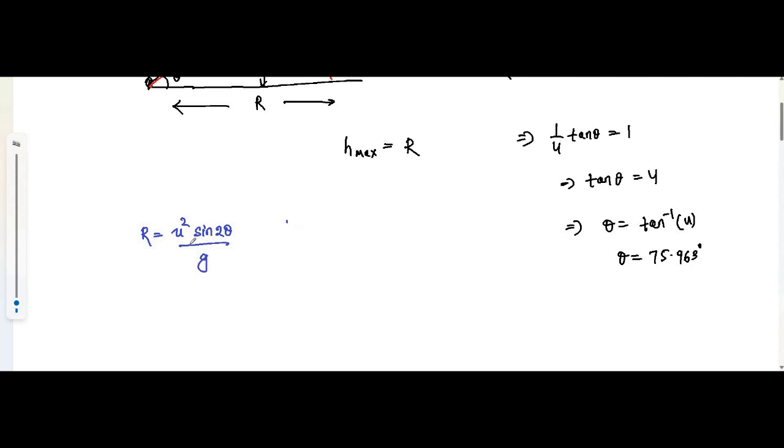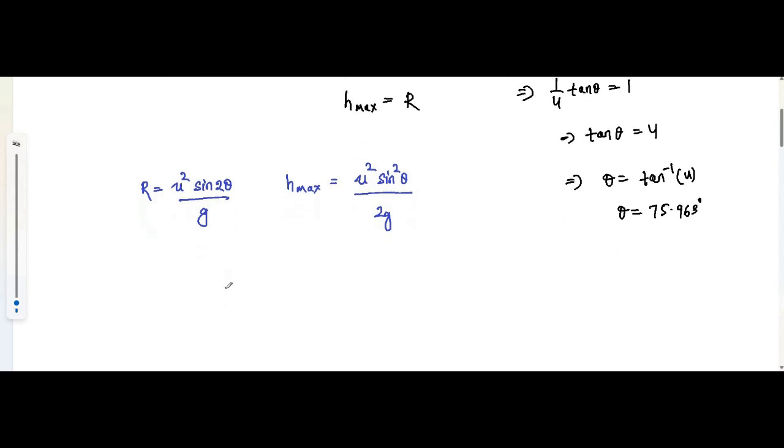The formula for maximum height is equal to u square sine square theta by 2g. Now according to the question, r is equal to h max. That implies u square sine 2 theta by g is equal to u square sine square theta by 2g.